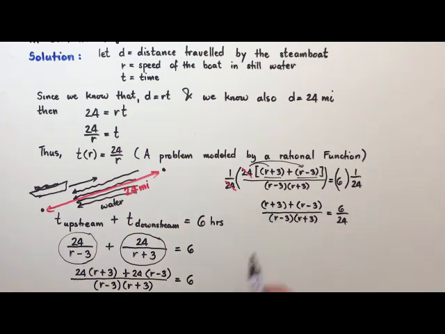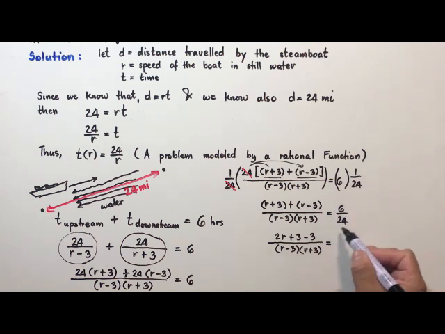Now, removing the parentheses here, I will have 2r plus 3 minus 3, because r plus r is 2r. So this is just 2r in the numerator. And you can also simplify this one to its simplest form, which is 1/4.